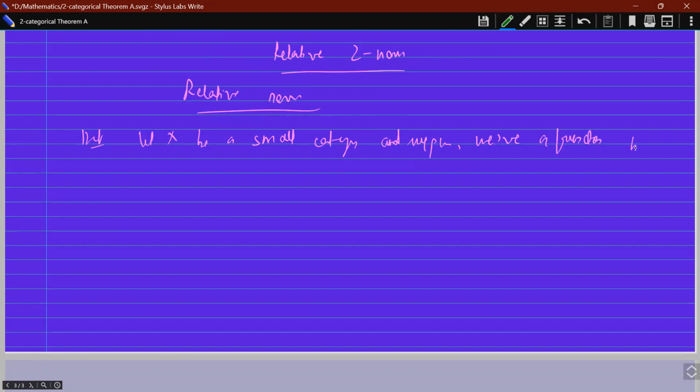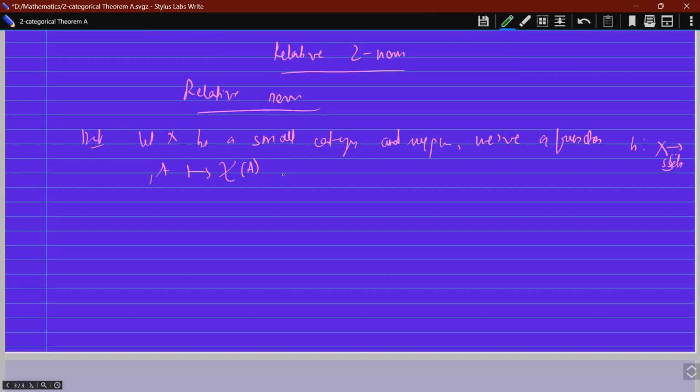Let me call this H, from X to simplicial sets. Suppose it takes x to H(x). This is the notation that I'll be using. This is typical notation.